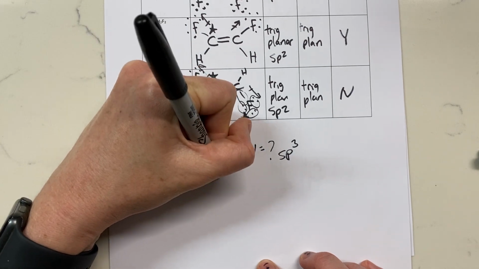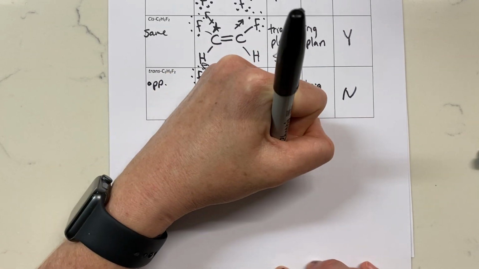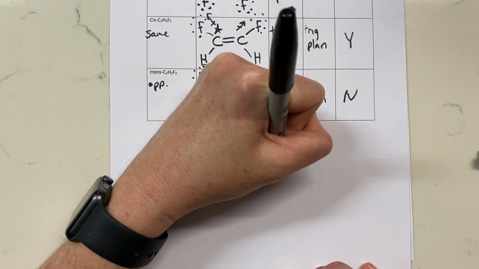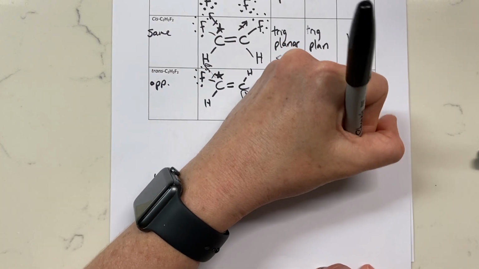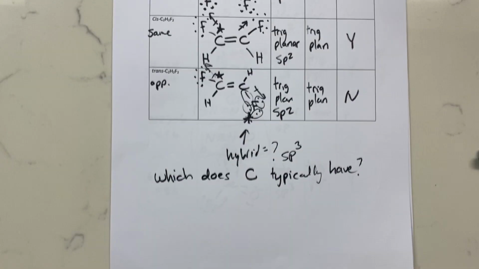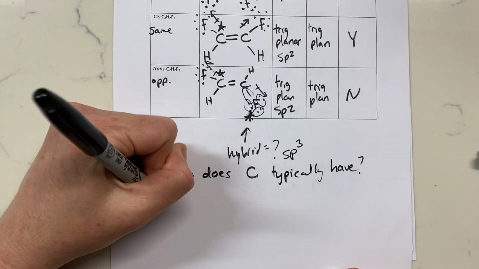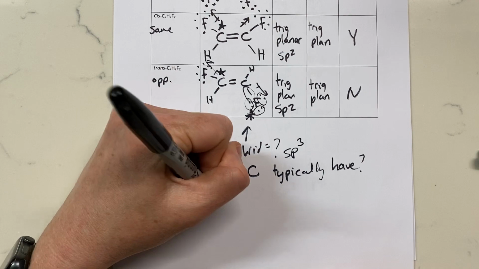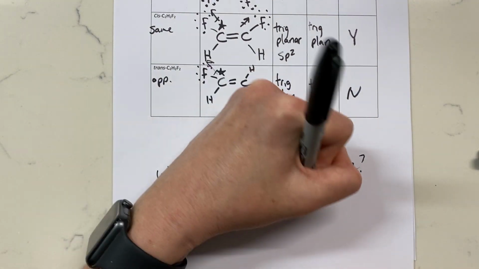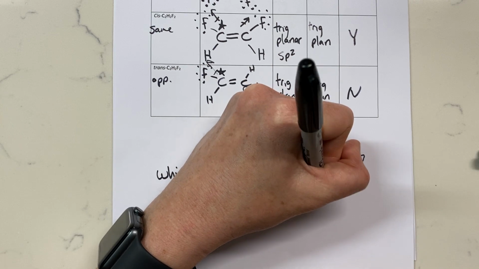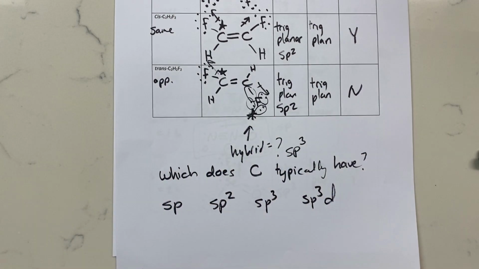Other ways questions could be asked like this: which does carbon typically have? And you might have something like sp, sp2, sp3, sp3d.